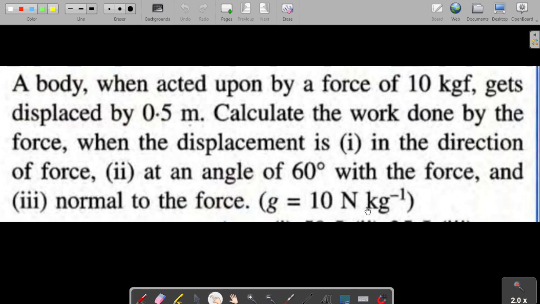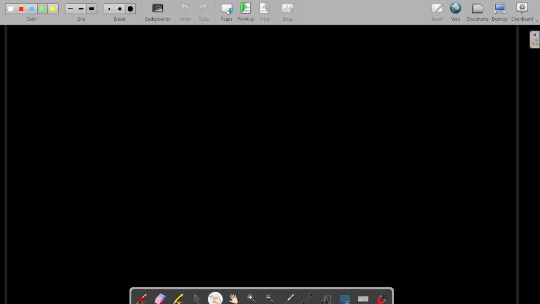So before proceeding to the solution of the problem, we will see the expression for work in detail. There are some circumstances in which a force displaces the body, but there are also some other circumstances in which a force is displacing the body, but the displacement of the body is not in the direction of force. Suppose you have a case like this.